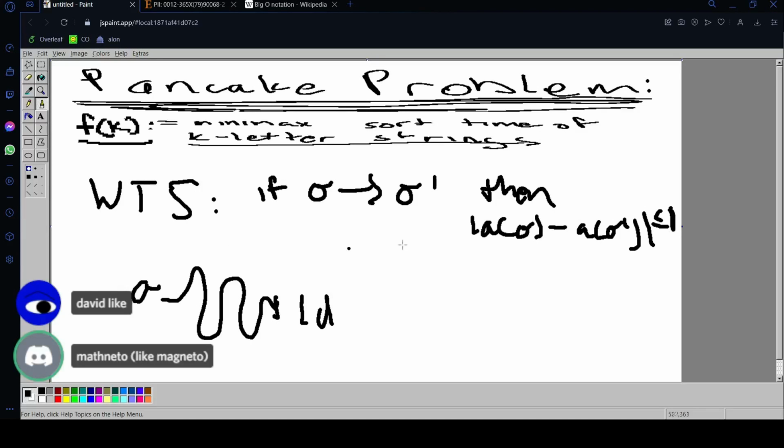And so once we've shown this, it'll mean that if we start with the permutation with 0 adjacencies, the only way to sort it must use at least k minus 1 reversals. We don't know if that's the worst case, but it won't be lower than that. We'll be able to create some permutations which are pretty bad and pretty annoying to fix.